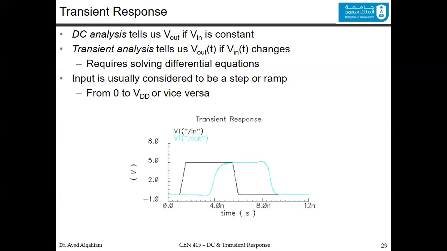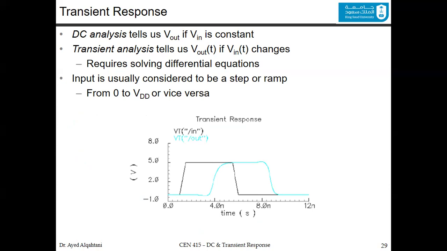Now, after we discussed how to find the DC response, which is the relation between the voltage at the input and the voltage at the output, we also saw what will happen when you have a different beta ratio. Now we will move to the transient response. We won't spend that much time on this.